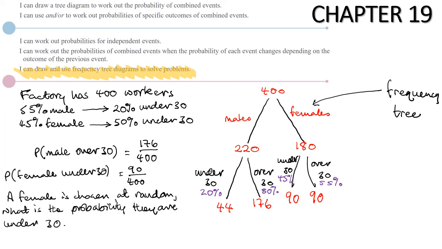Now, if a female is chosen at random, it's not out of 400 anymore, because we're just picking from the females. It's only out of 180. Now, how many of those 180 are under 30? It's going to be 90. So here it's not out of 400, it's out of 180 because of the wording. A female is chosen at random. So you're just choosing from the females. So watch out for questions like that, because that will change what you have in the denominator.